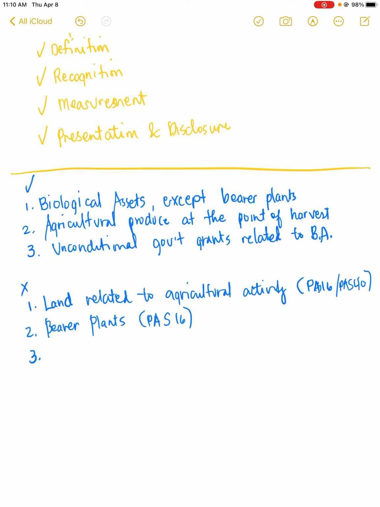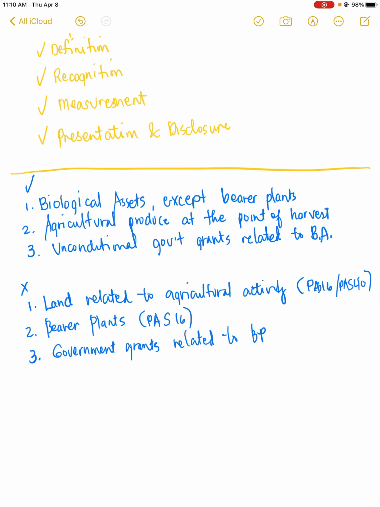Number 3, if the bearer plants ay hindi covered, of course, yung mga government grants related to the bearer plants, hindi rin siya covered. Instead, ang makaka-cover sa kanya is yung PAS number 20.